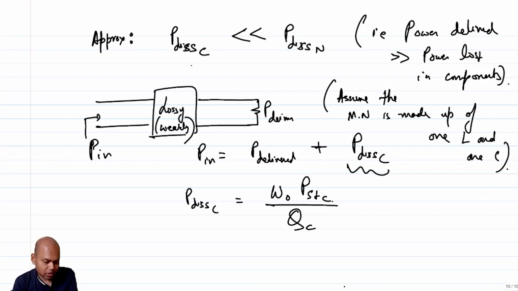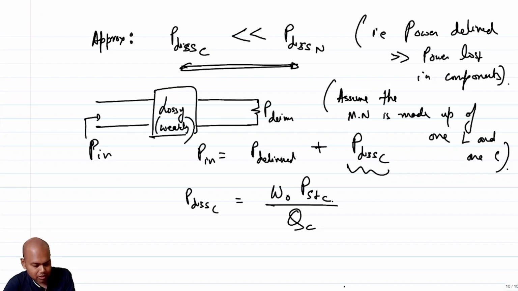If I invoke the approximation that power dissipated in the component is much less than the net power delivered, then I can also make the approximation that the entire power dissipated in the component is, I made a mistake here, omega naught times energy stored in the component, right?